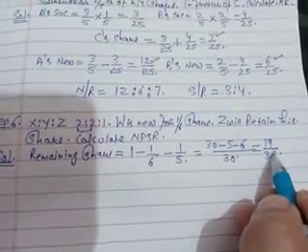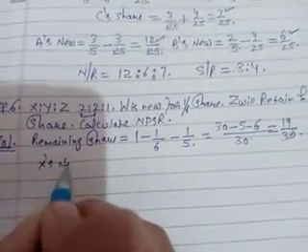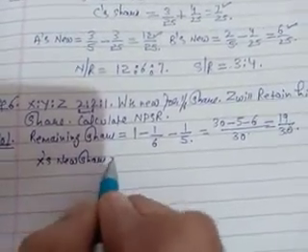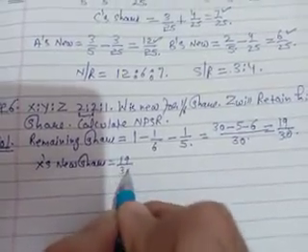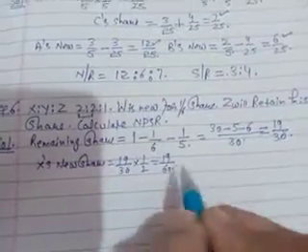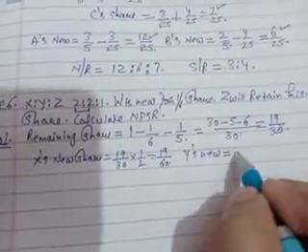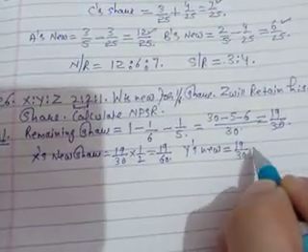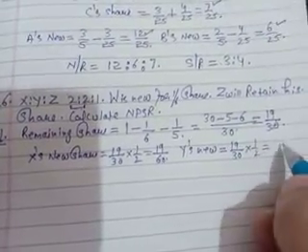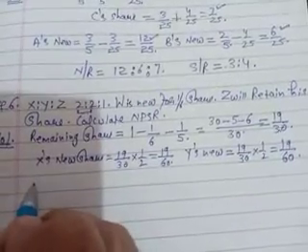So X's new share will be 19/30 into 1/2, that is 19/60. Similarly, Y's new share will also be 19/30 into 1/2, 19/60. So let's calculate the new profit sharing ratio.